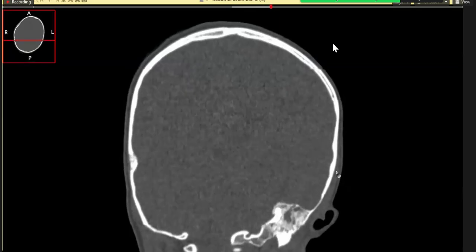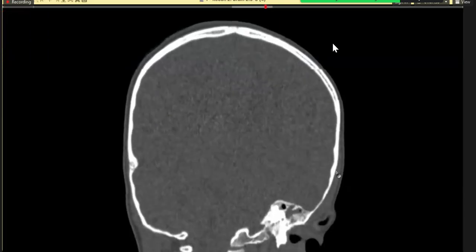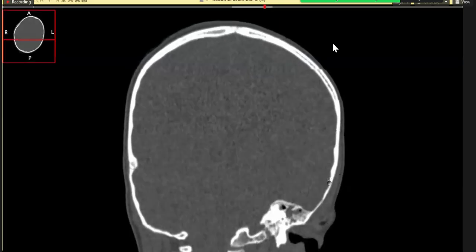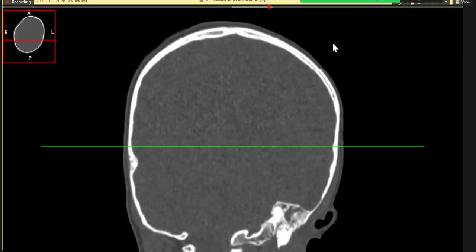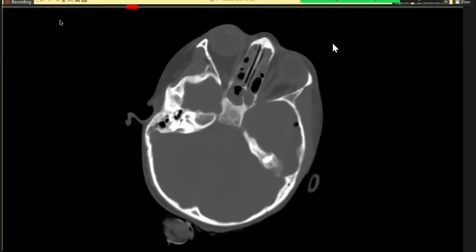There is an air locule seen here, non-dependent, and the tegmen tympani looks interrupted, or there is erosion or destruction of the tegmen tympani plate. So the patient presentation could be consistent with otomastoiditis complicated by intracranial extension.